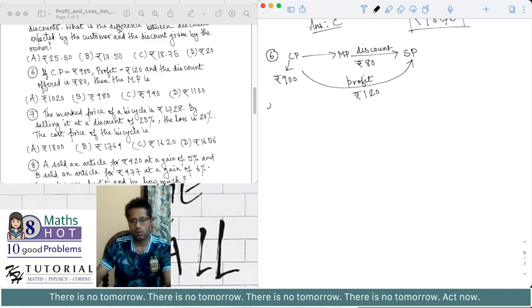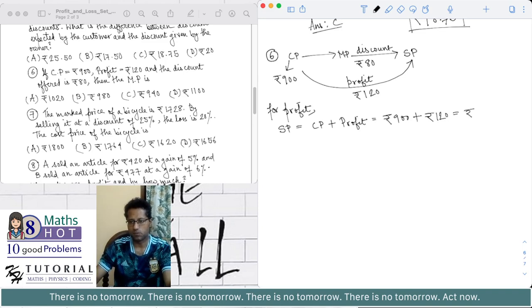So for profit we can say selling price is equal to cost price plus profit, which is equal to rupees 900 plus rupees 120, which is equal to rupees 1020.